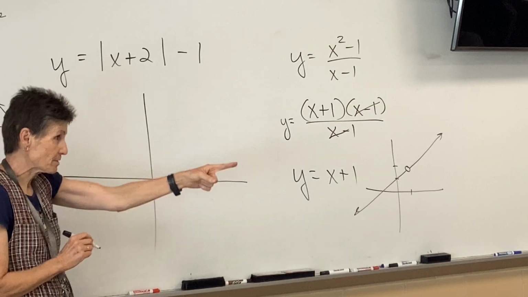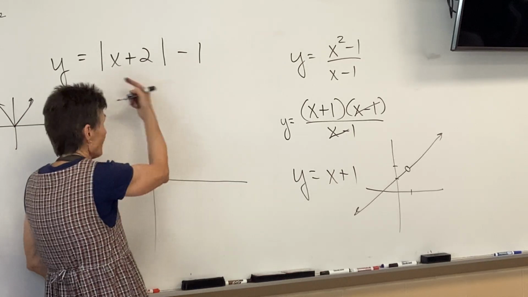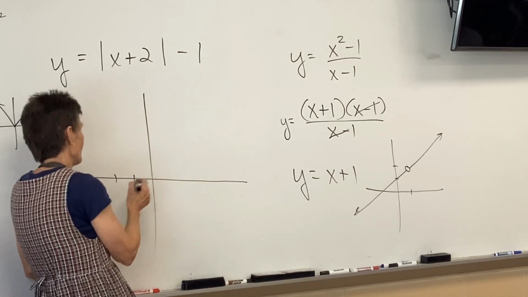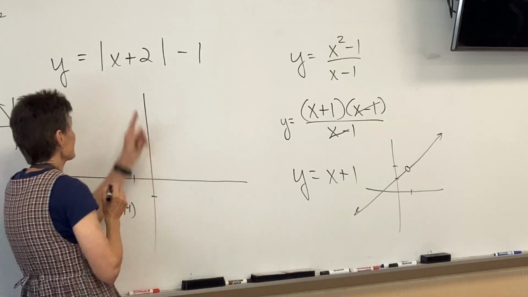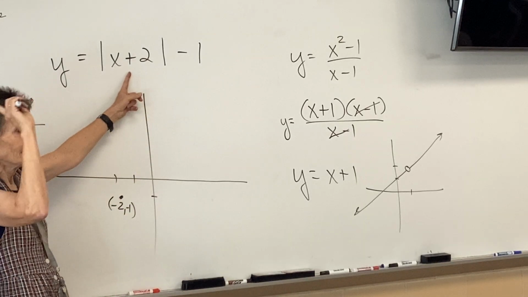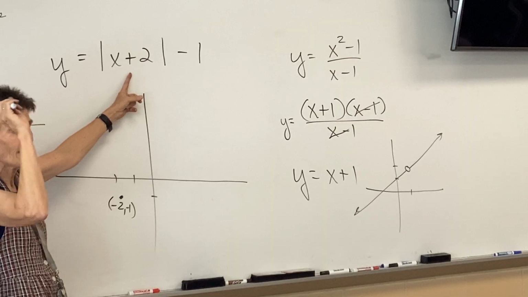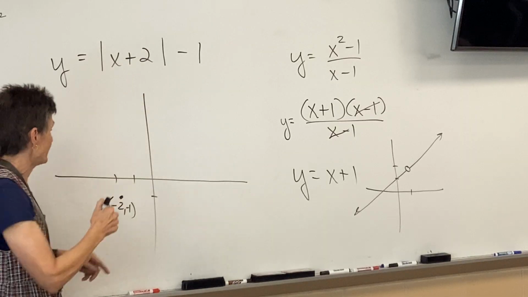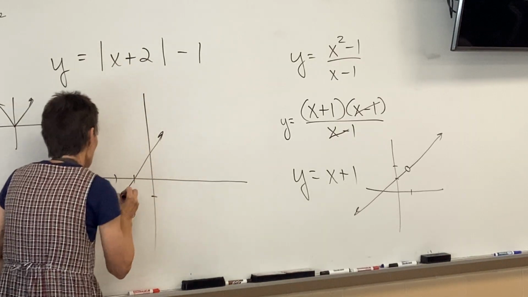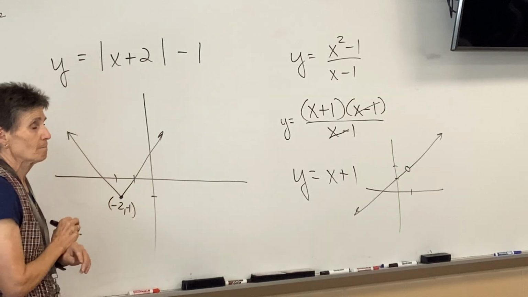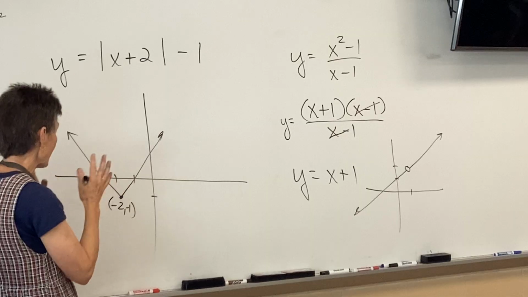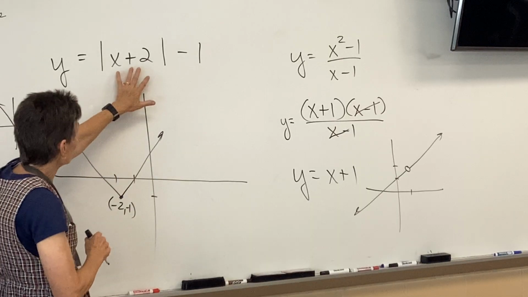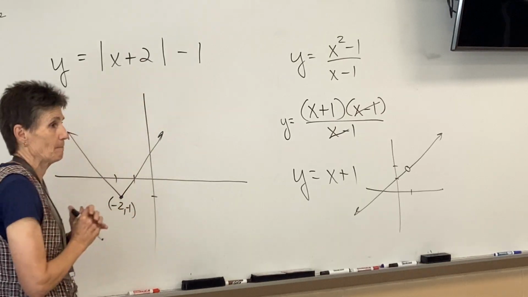Left 2, this is a plus, so it goes left. Left 2, down 1. And there's my V. There's the picture. That's all you need. I got a V, and it's moved left 2, down 1.